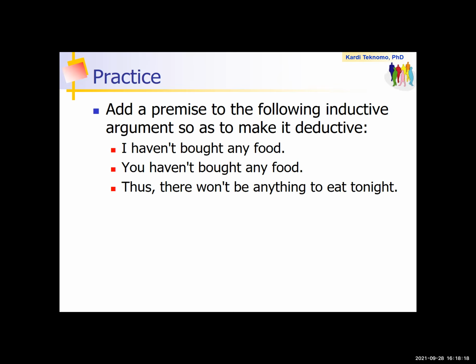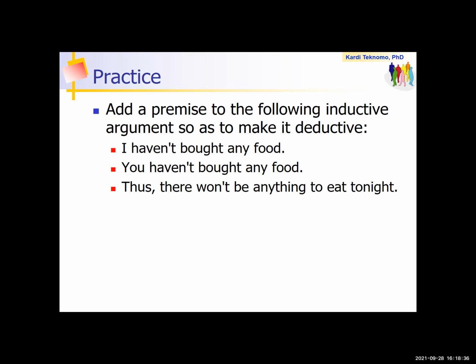That is the premise that you want to add, right? No, because if you and I are at home, there might be food at home. So there might be food to eat tonight.